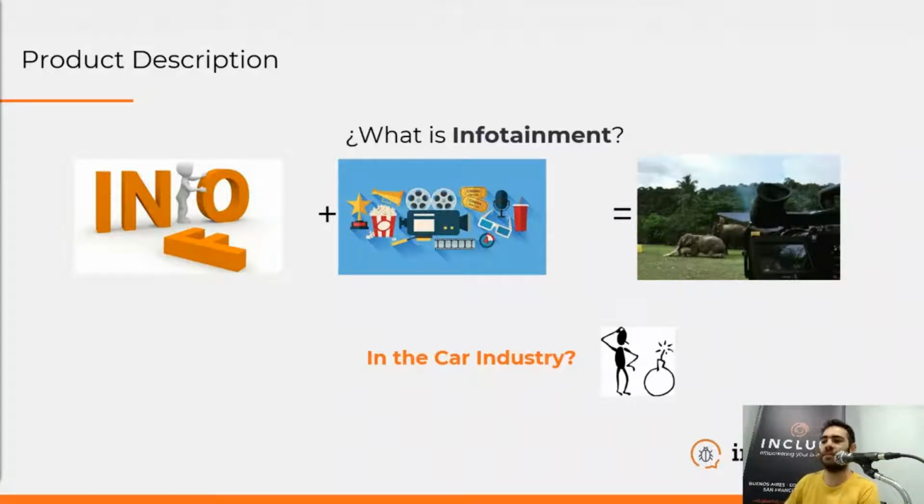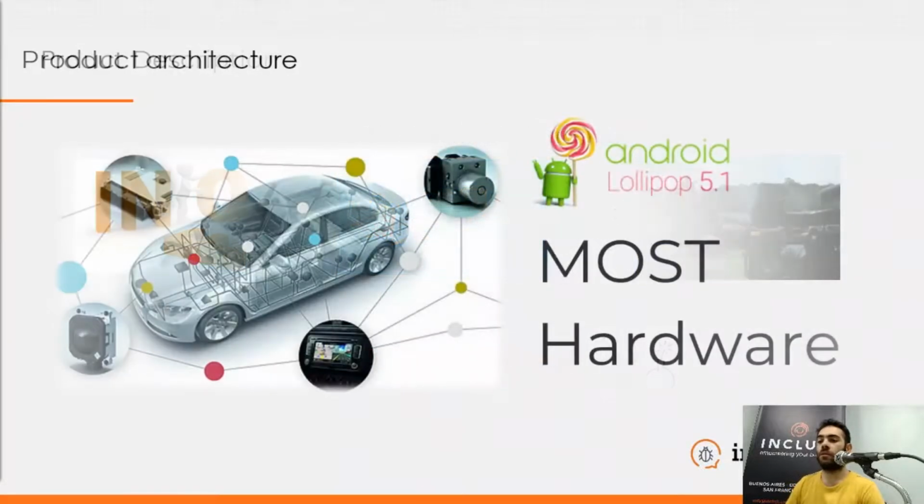Hello, my name is Ezequiel. When we start testing in this project, we have a challenge to test an architecture that has different components and different parts in the vehicle.